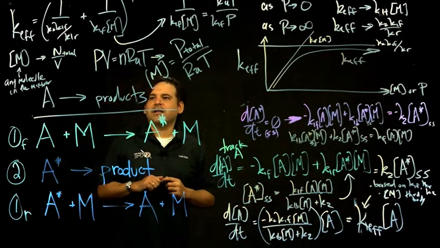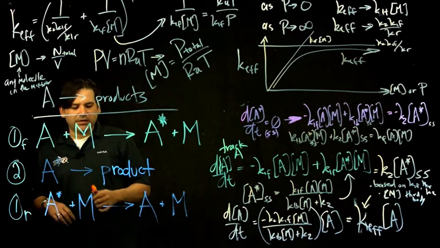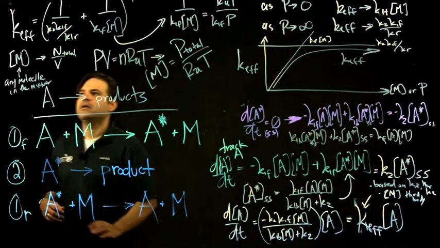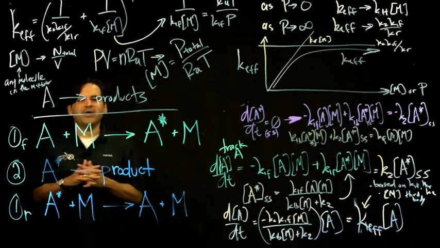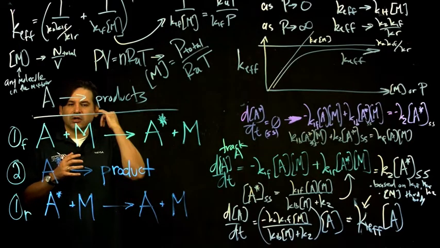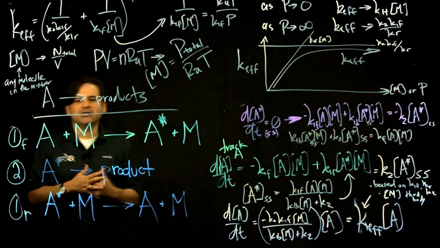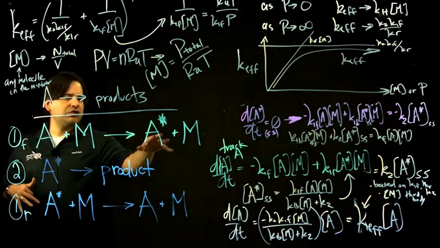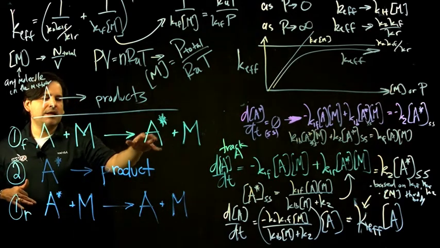Okay, so from this analysis, when we look at this unimolecular process, what we see is that it depends on a collision partner. Even though this one molecule is the one undergoing a change, it needs a collision partner to get these fluctuations from the mean energy.